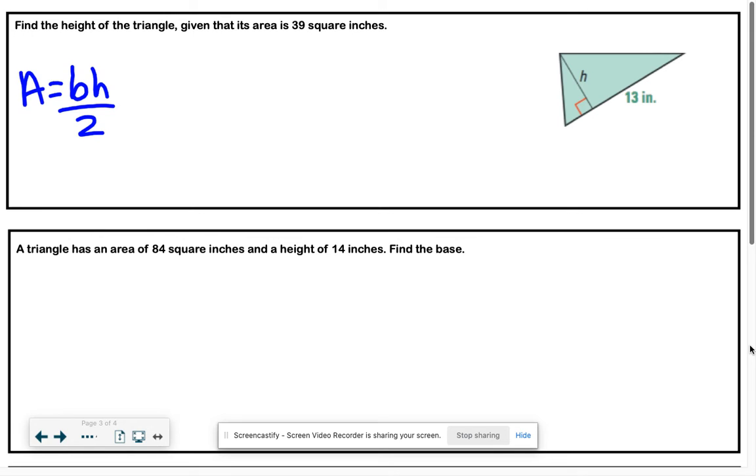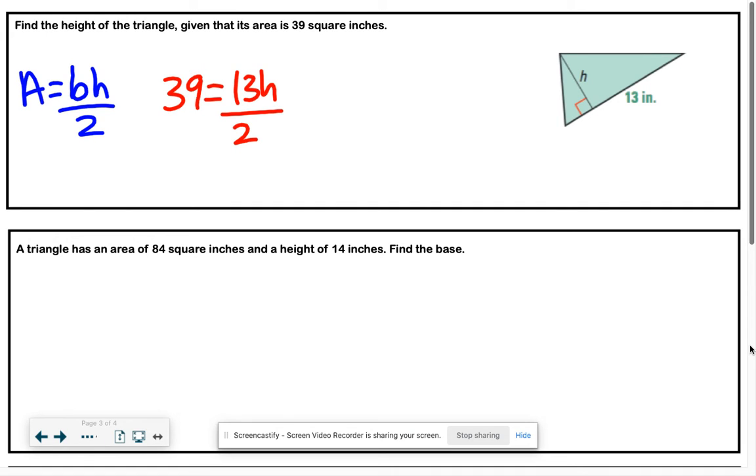On this first one, it says find the height of the triangle given that the area is 39. So we're going to plug in 39 for our A because we know it has to equal 39. Can we tell what our base of that triangle is? 13. And we're looking for H.